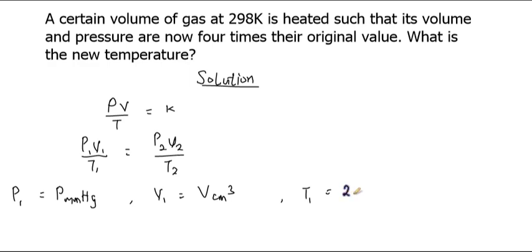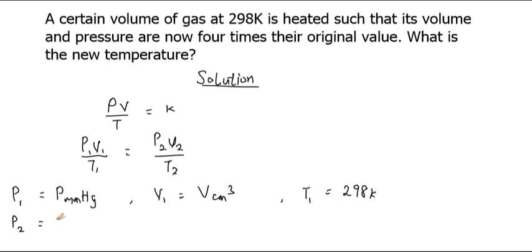Now for the final pressure, volume, and temperature, we have P2. We said it's been increased to 4 times the original value. So if the initial value is P, definitely the final value will then be 4P, that is 4 times the initial value.